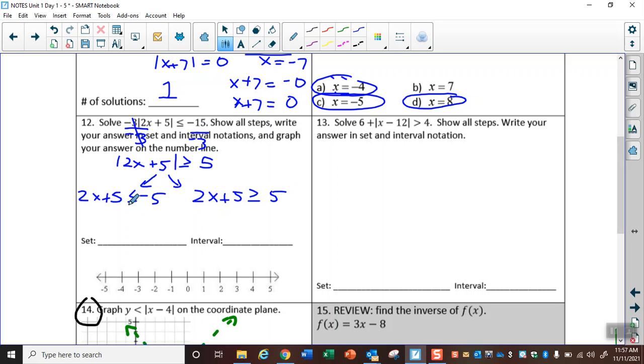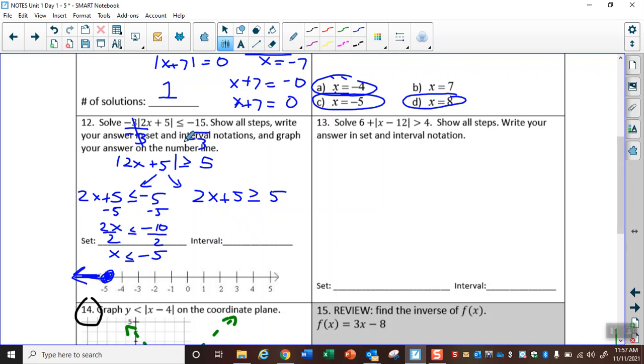All right, and then we'll solve -5 minus 5. So I get 2x is less than or equal to -10. Divide by 2, divide by 2. So x is less than or equal to -5. So that would be a -5, and it's or equal to, so that's going to be solid, and less than is going that way.